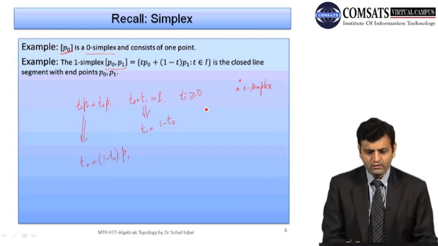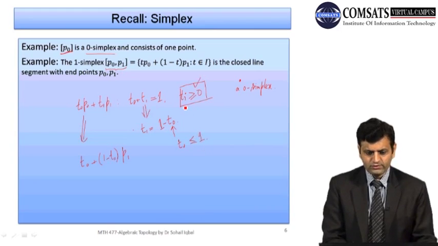But then we also imposed the condition on the ti's that all of them should be non-negative. So for example, if I take t0 to be 2, then t1 will be negative. And so t0 should be less than or equal to 1 if I want my t1 to be non-negative.